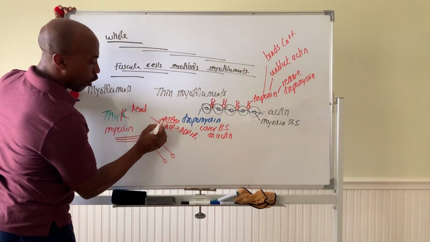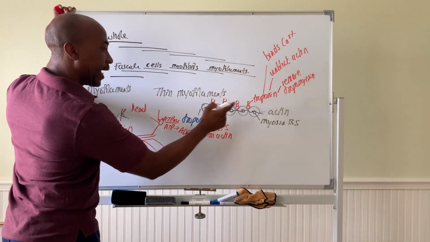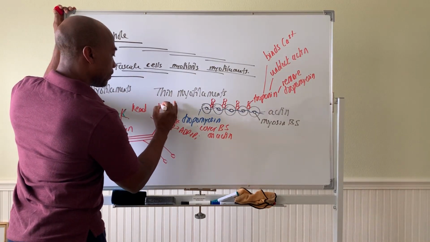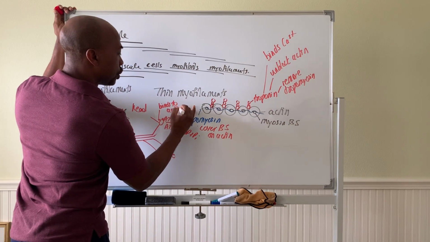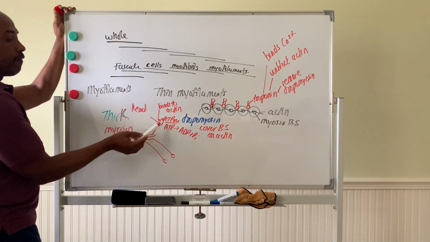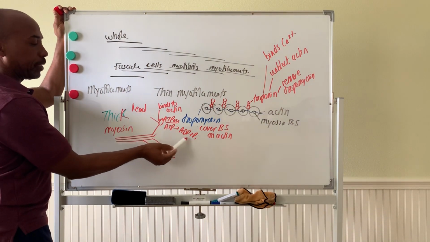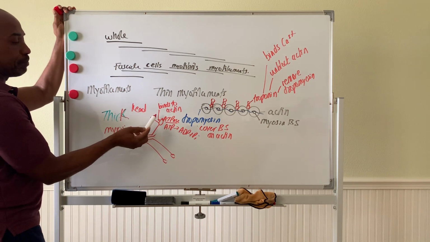It is also a part of the head that binds to actin. So there are two jobs that myosin takes care of. One, it converts ATP to ADP and Pi. It's called the ATPase part. And secondly, it binds to actin.